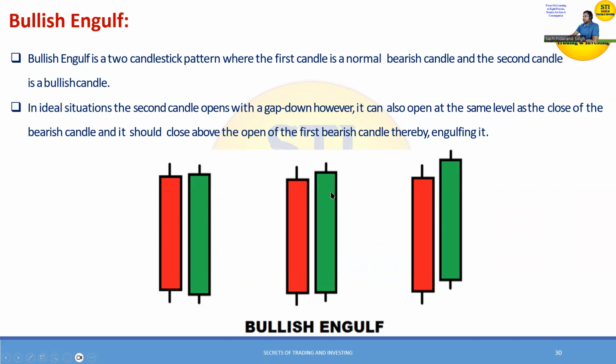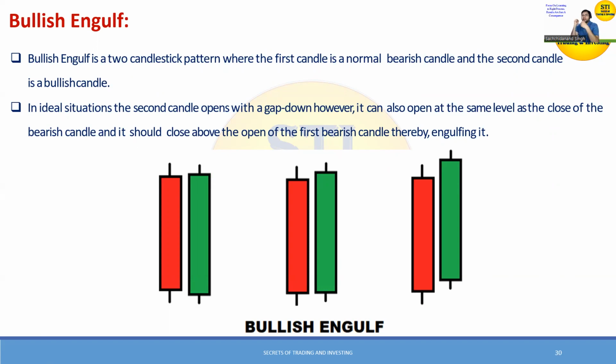In all the examples, the red candle is depicting the price fall. Just after the red candle, if you see a green candle, it is nullifying the effect of that price fall. So this is engulfing. Engulfing is completely eating the red candle.